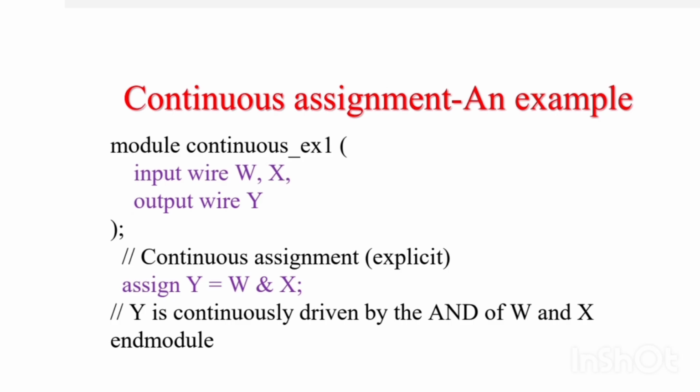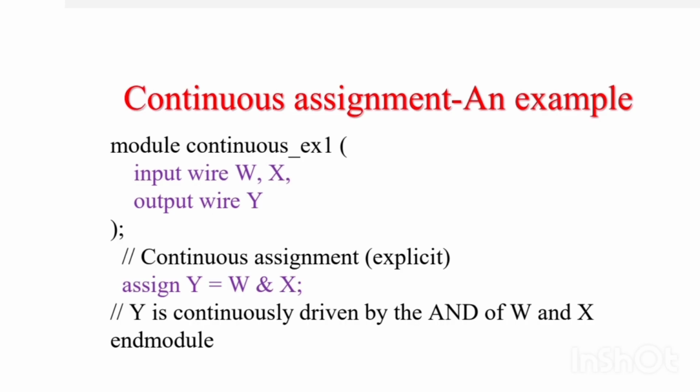Here is an example for a continuous assignment module. It is named continuous_ex1. Its module declaration is shown here: input wires w and x, then output wire y.